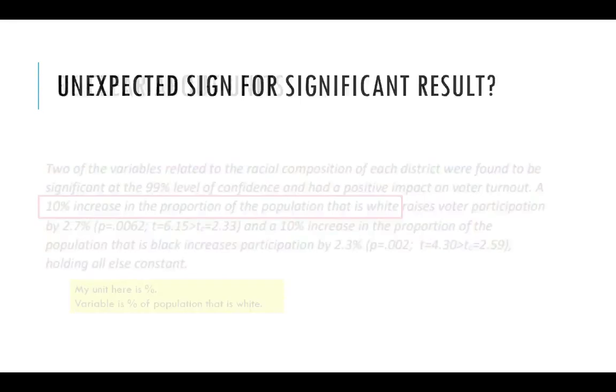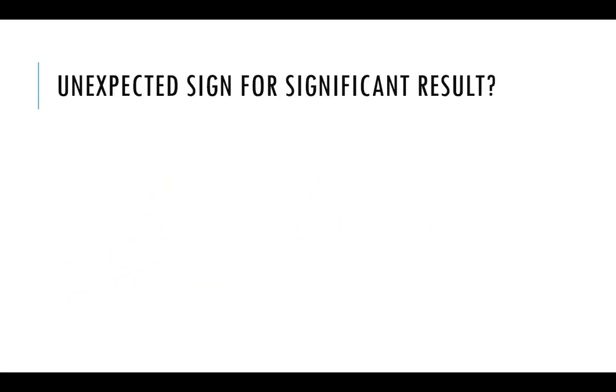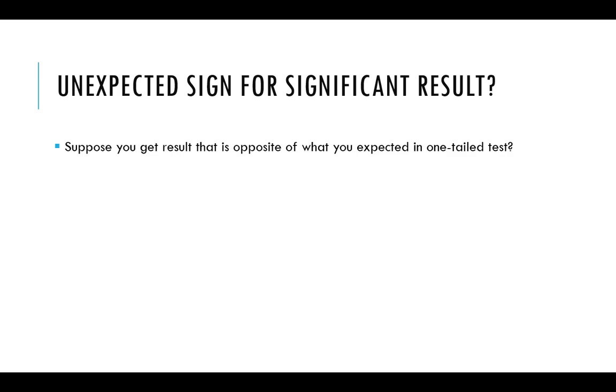This is important. What if you get an unexpected sign for a significant result? Now, keep in mind, we're talking about significant results. If they're unexpected signs for insignificant results, we don't care about that so much, right? So suppose you get a result that is the opposite of what you expected in a one-tailed test.